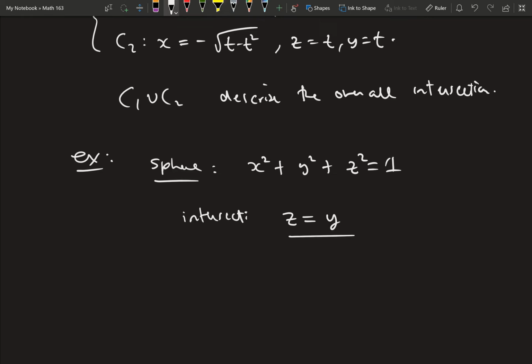Go ahead and try to find this. Here actually you can do a full parameterization, so go ahead and parameterize as a single curve. We'll call it C of t.